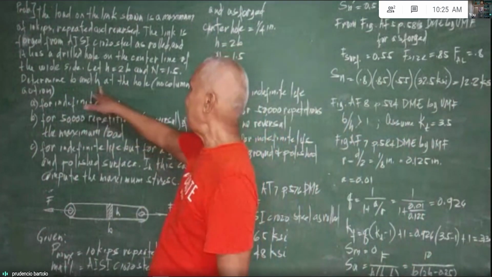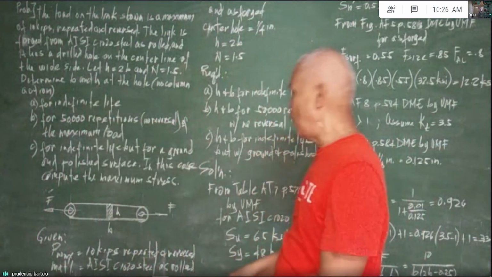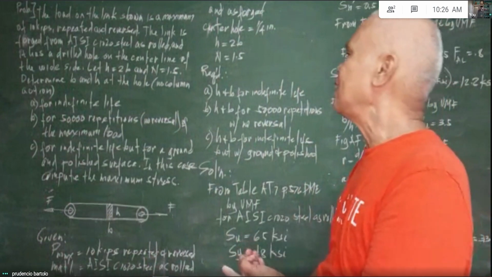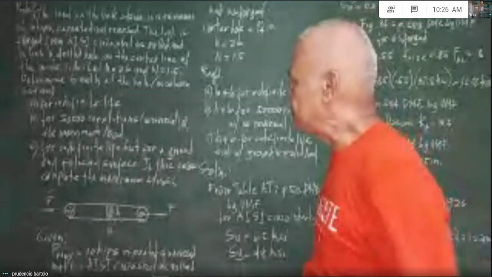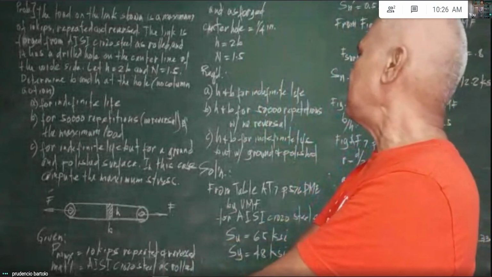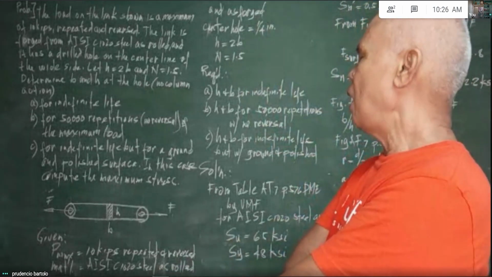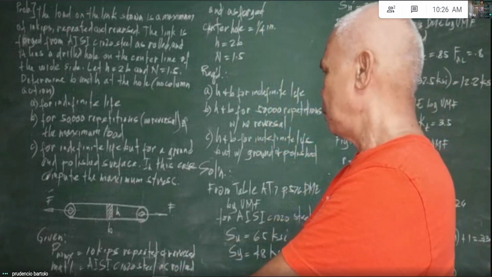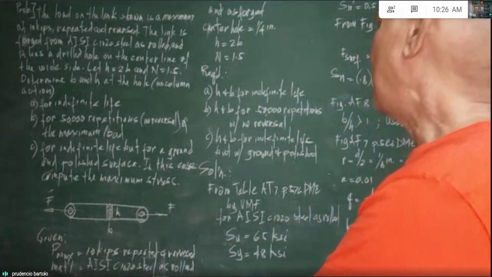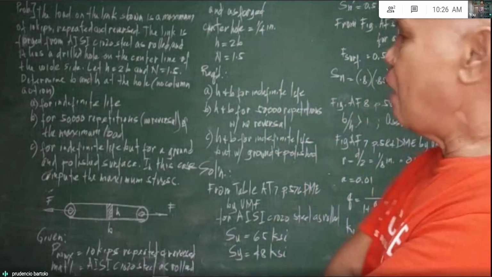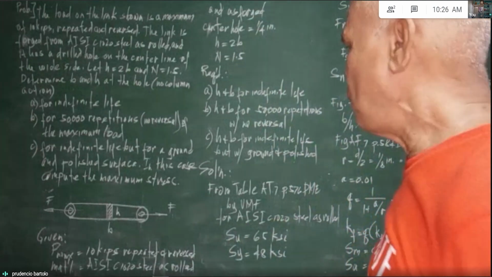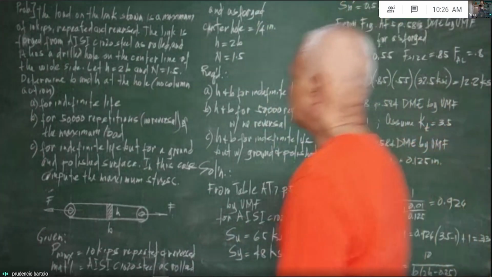Determine B and X at the hole. No column action involved. For letter A, for indefinite life. For letter B, for 50 repetitions, no reversal of the maximum load. For letter C, for indefinite life, but for a ground and polished surface. In this case, compute the maximum stress.